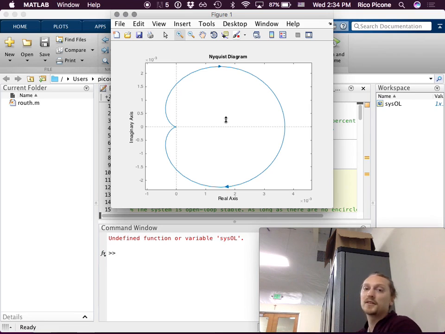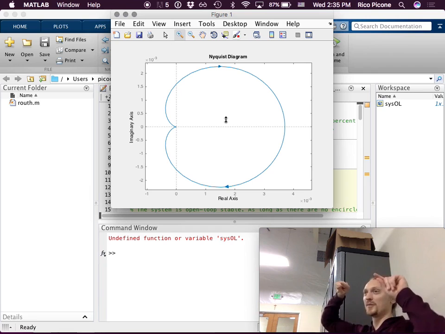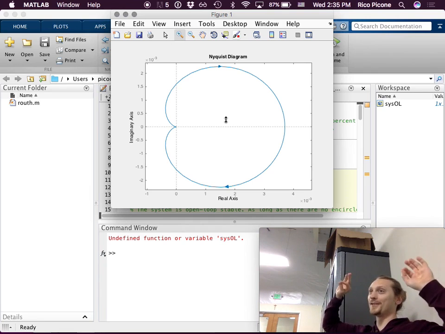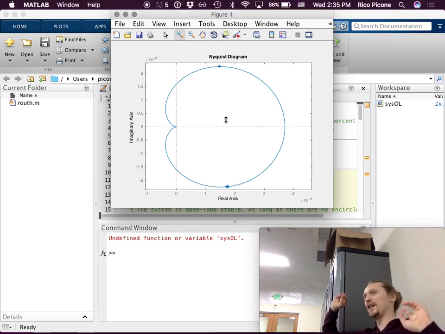But this looks exactly like what we're expecting from our root locus analysis, right? Our root locus analysis that we didn't do, but we just did in our minds. Oh yeah, no locus in between these two poles on the real axis. There are no zeros, so they're going to have 2 zeros at infinity.